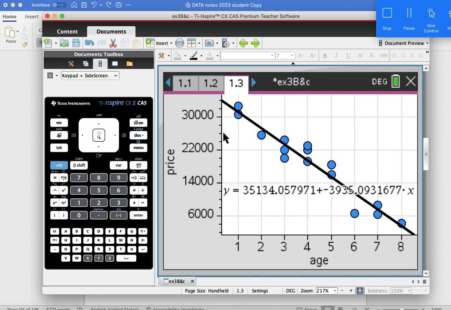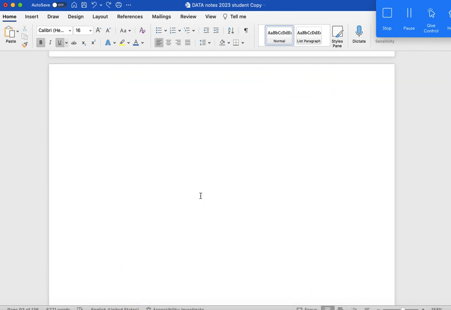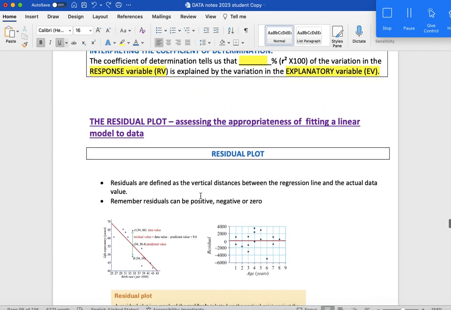If you predict outside, so if I predicted a 0, it's not reliable because we don't really have data. And if I predicted after, say the 9, 10, or 11, it's not reliable. And so that is called extrapolation.